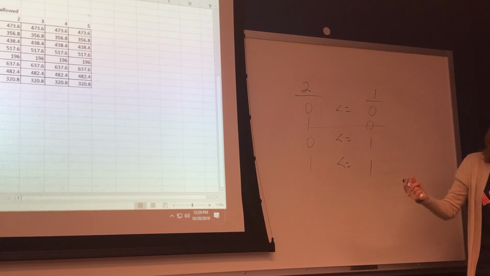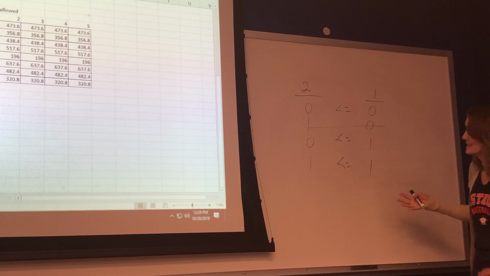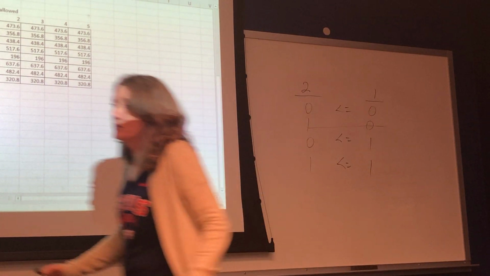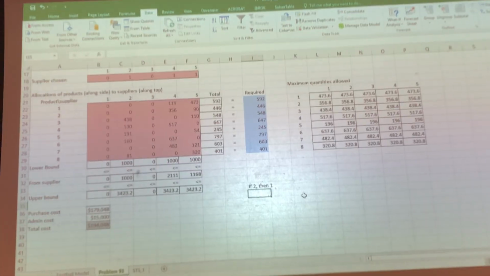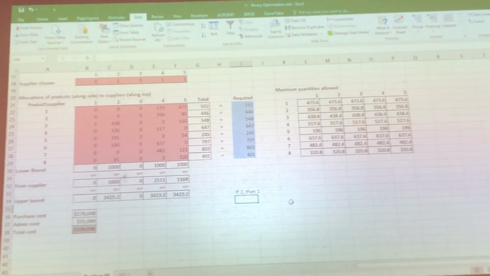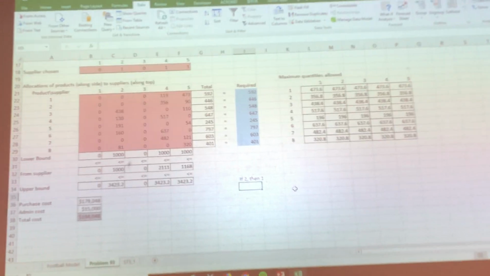I mean, sometimes it's not, but sometimes it is that simple. And all we have to do is set up a cell. I still want you to do this in the documentation area instead of just putting it in as a constraint and referencing the cells up there.